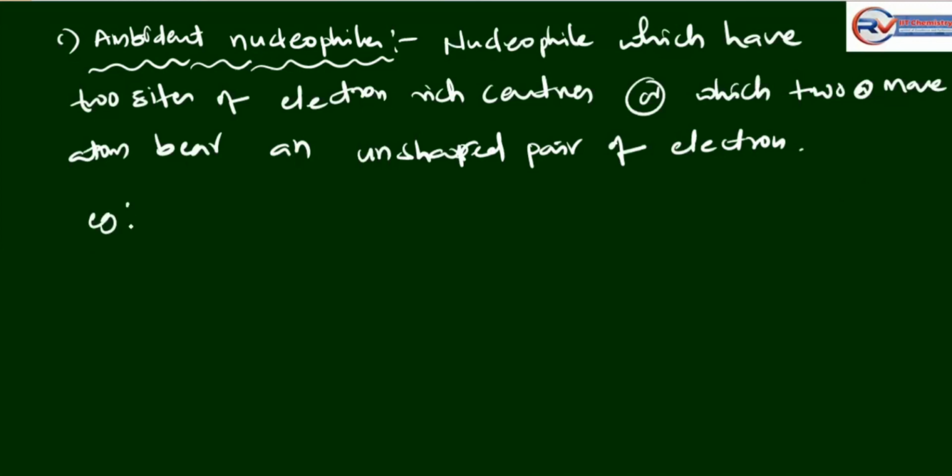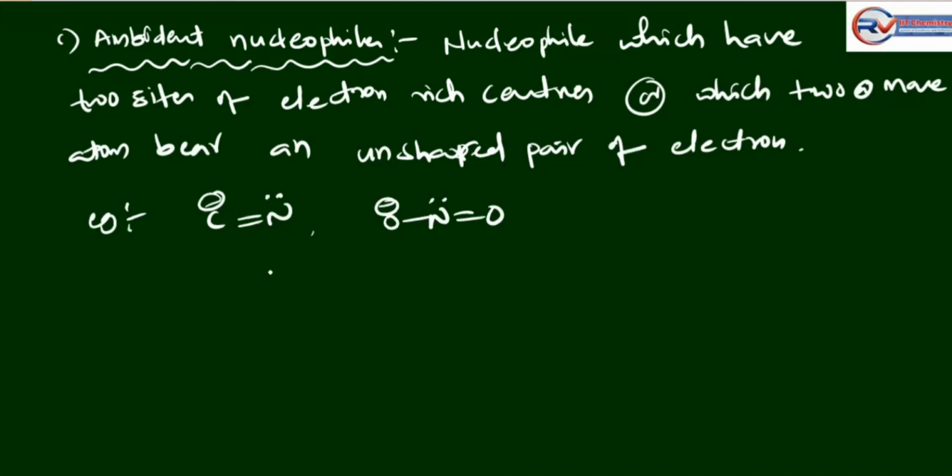Example: cyanide has two electron-rich centers, carbon and nitrogen. Next, NO2 minus donates through the nitrogen atom and the oxygen atom. These are examples of ambidentate nucleophiles.